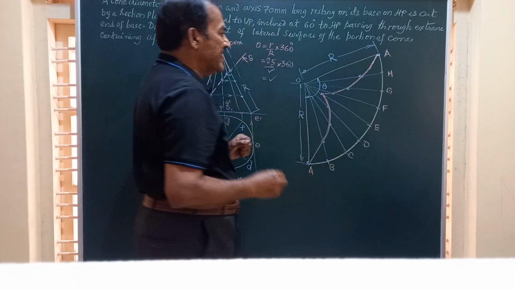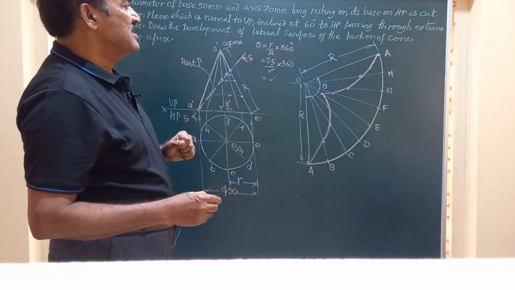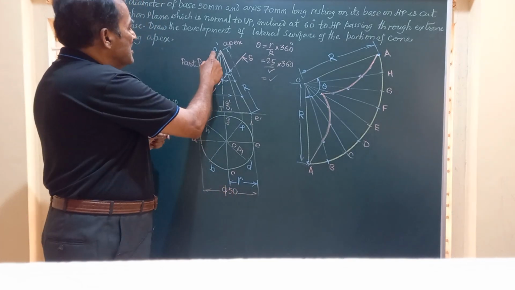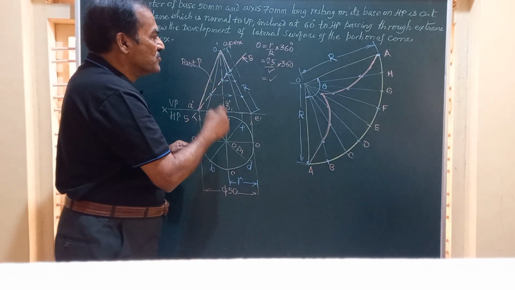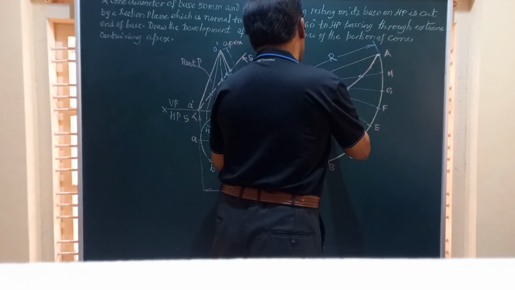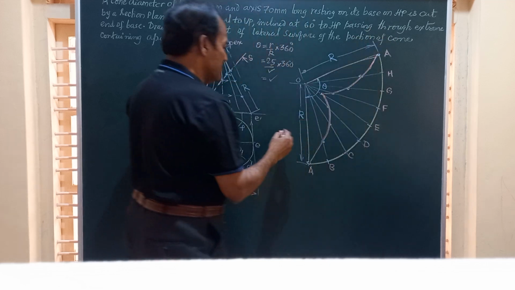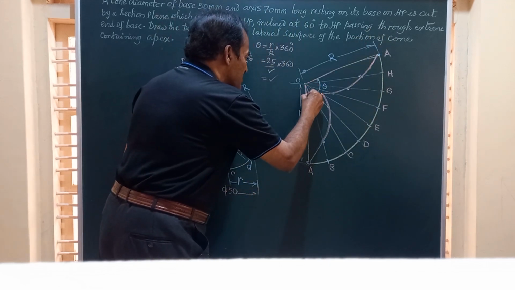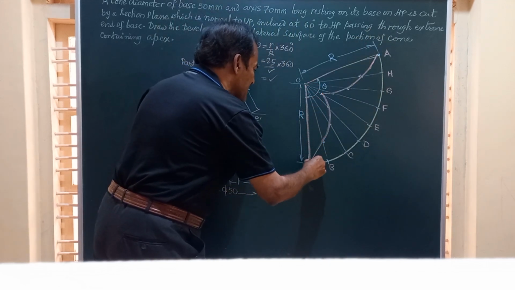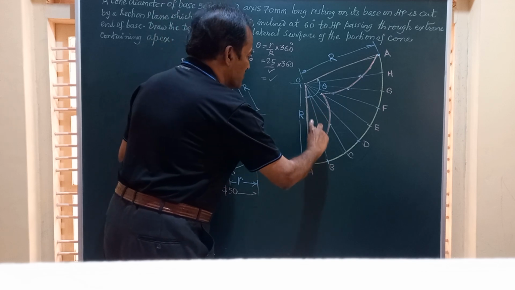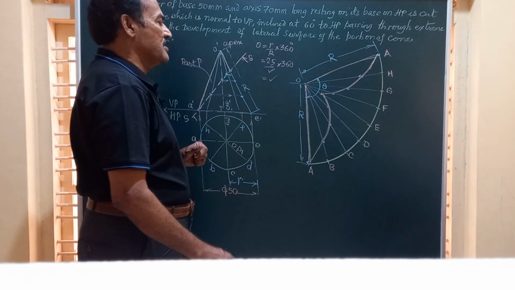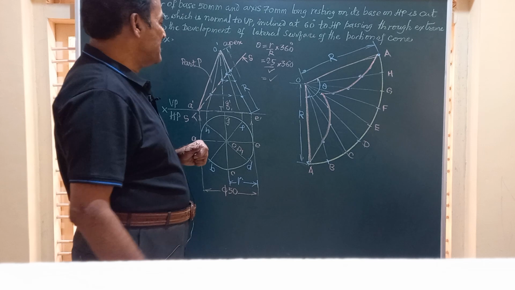And friends, let's see which portion of the solid is to be shown dark. The last line O dash A dash is to be retained. Hence, I have to show this by a visible line or a dark line. Similarly, OA on this side is also to be shown by a dark line. So we have shown this line visible. And what is to be shown by thin line?